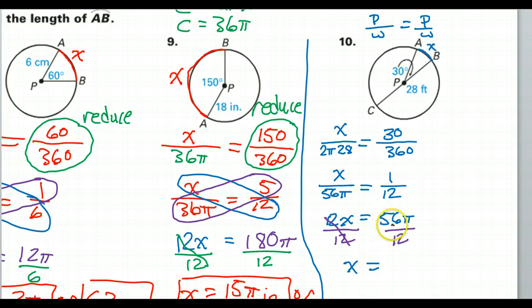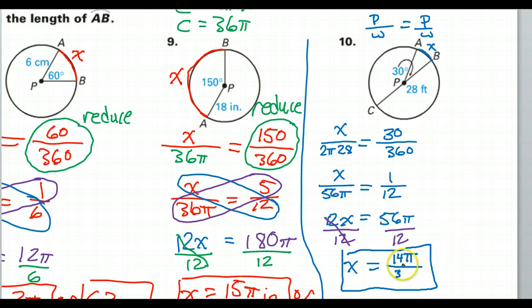This will reduce a little, so put 56 divided by 12 in your calculator. My TI-30XS multi-view tells me that 56 over 12 reduces to 14 over 3, and that pi will still be there. So this is the exact answer.